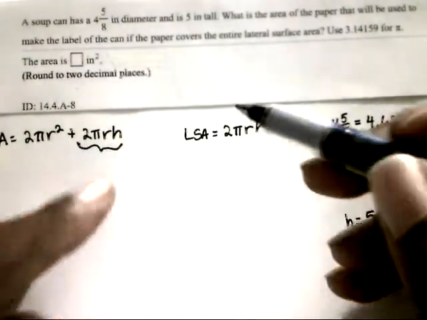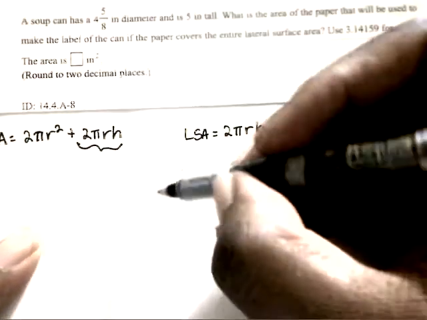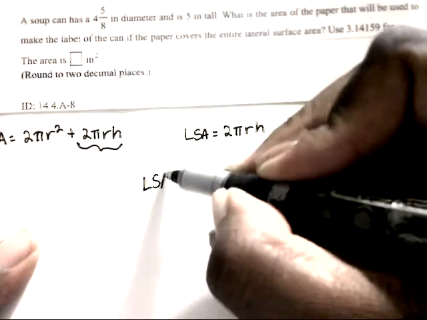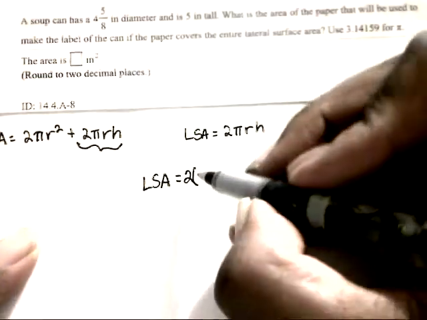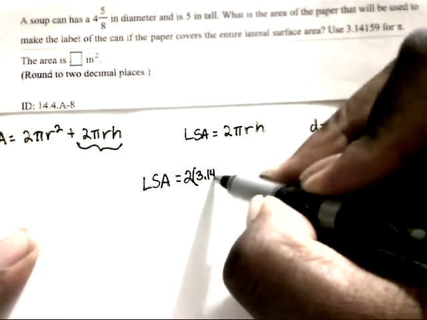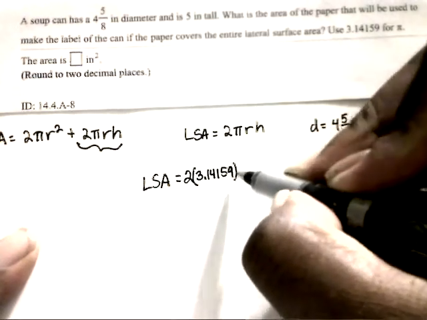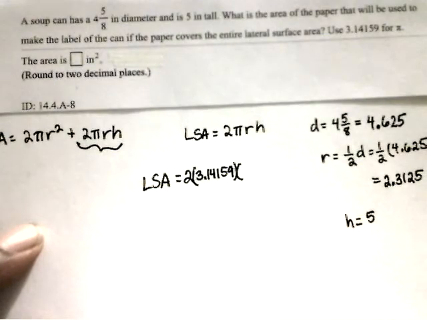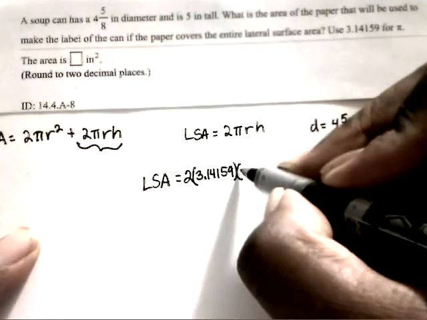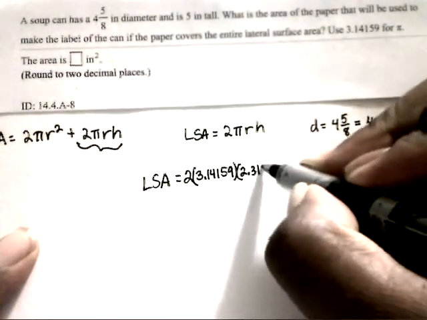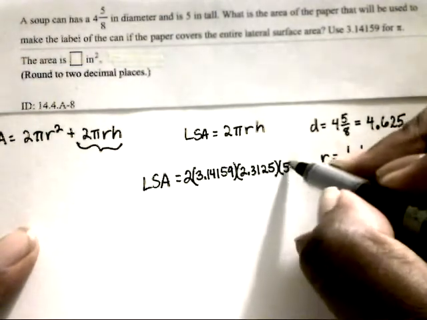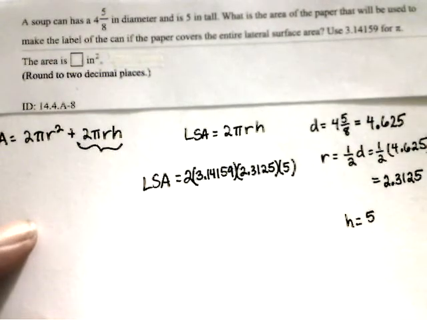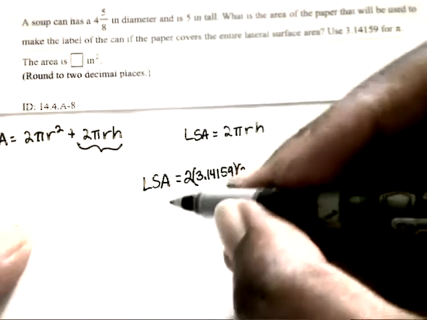So we're going to use that formula. Our lateral surface area is going to be 2 times 3.14159, which we're told to use for pi, times the radius, 2.3125, times the height, which is 5 inches. Our lateral surface area is going to be in square inches.